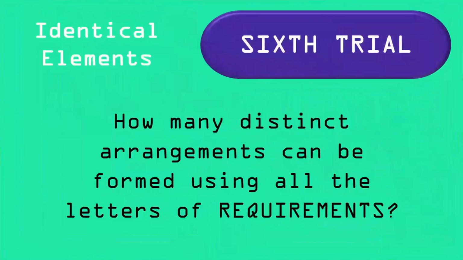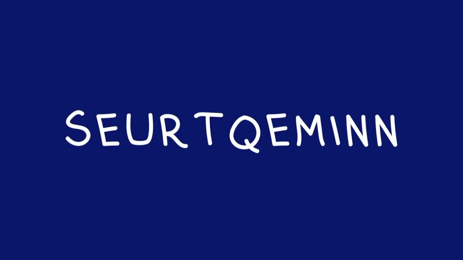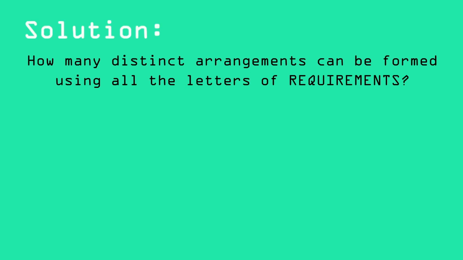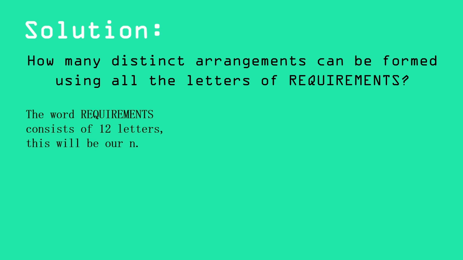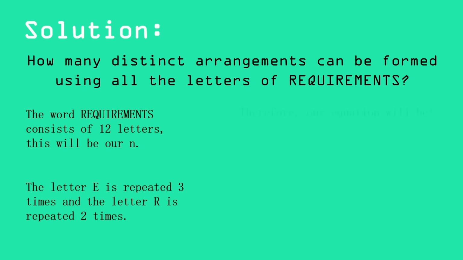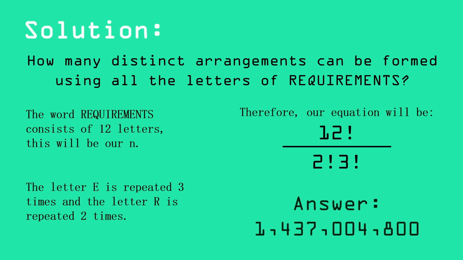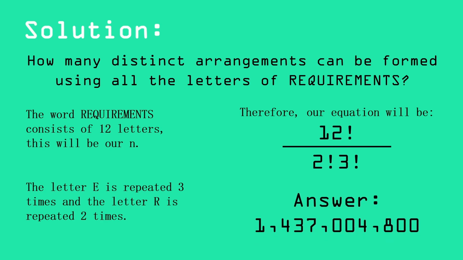The sixth trial. How many distinct arrangements can be formed using all the letters of requirements, as in R, E, Q, U, I, R, E, M, E, N, T, S? Now, using the identical element formula, the answer is 1,437,004,800.